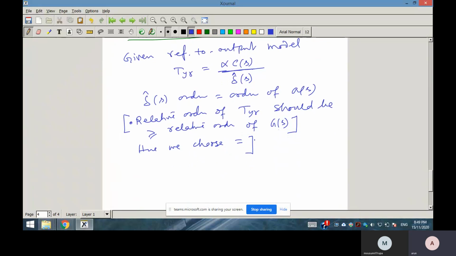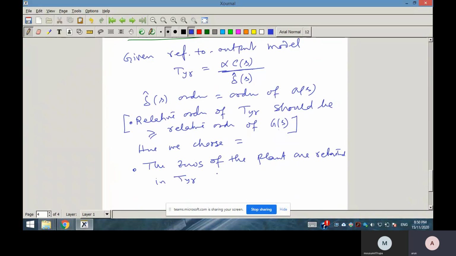Another thing is that the zeros of the plant are retained in TYR.